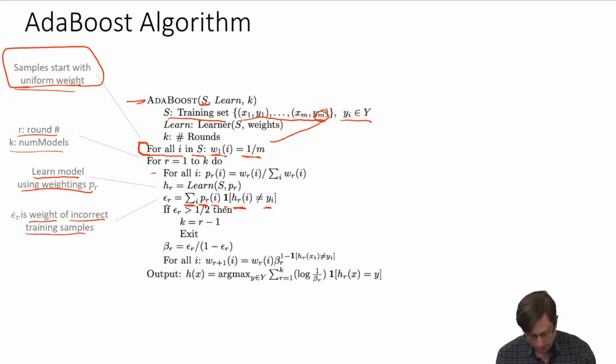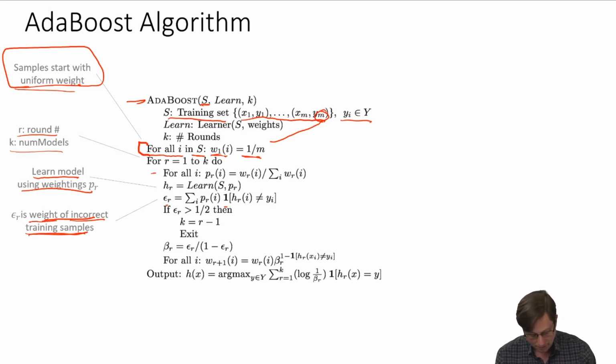So everywhere that the hypothesis you learn in that round is incorrect, you multiply it by 1 times the weight of that sample in that round. And that is a mathy way to say it's the weight of the incorrect training samples: sum up the weight of everything that it got wrong.